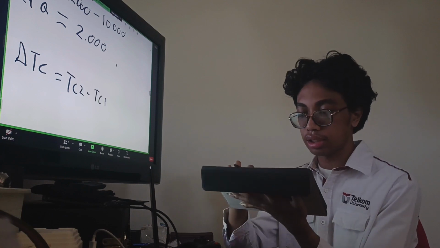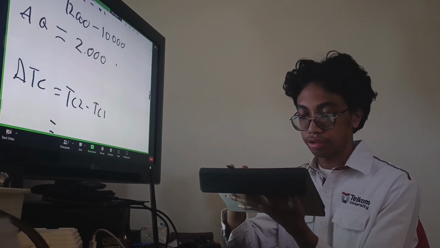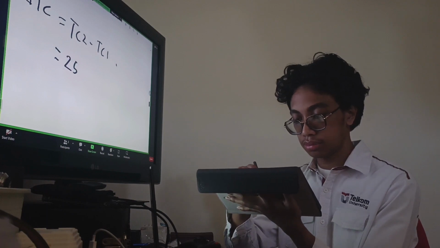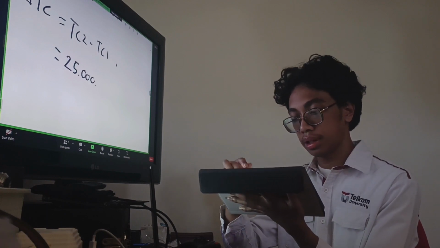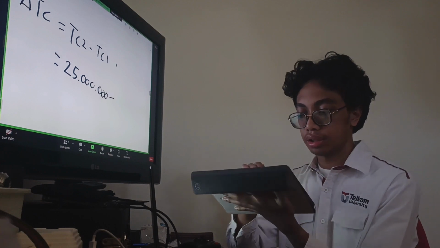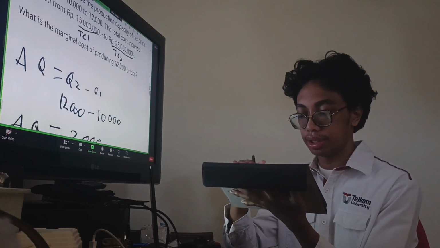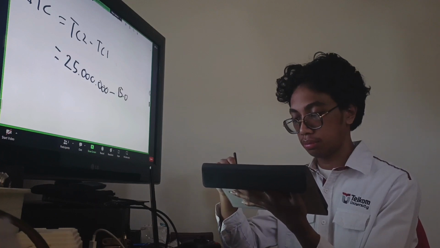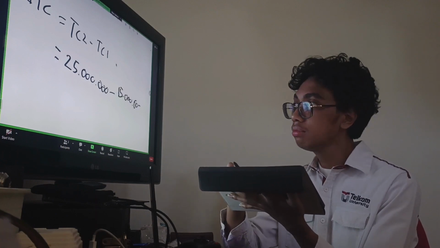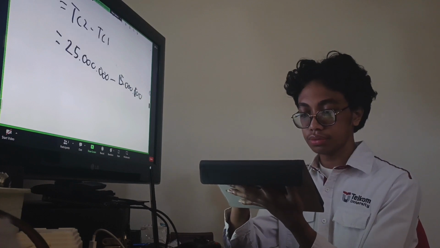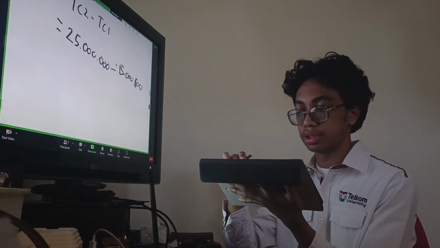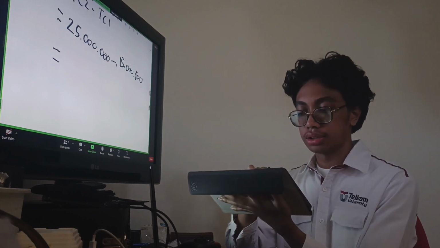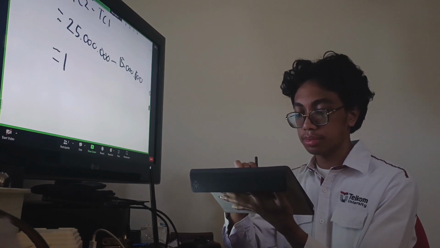The second total cost is 25 million, and then we subtract it with 15 million. 25 million subtracted by 15 million, so the result will be 10 million.